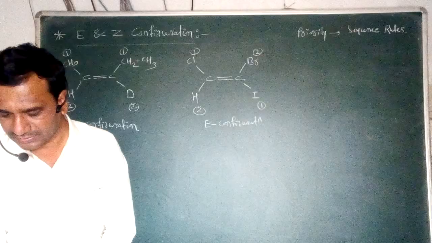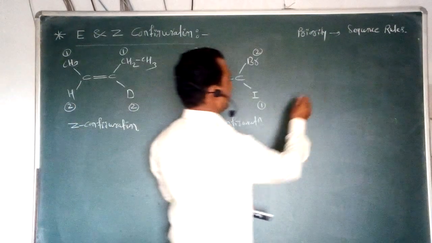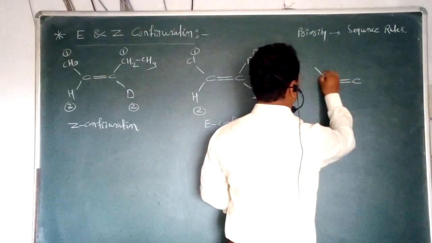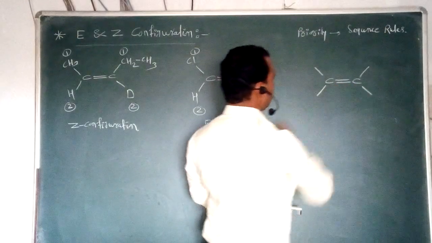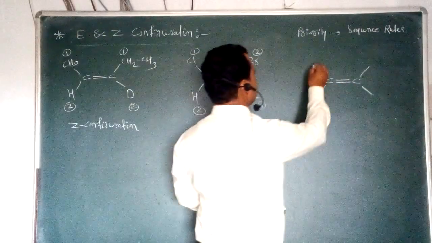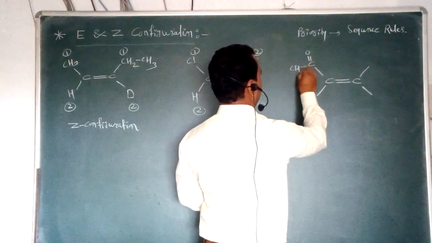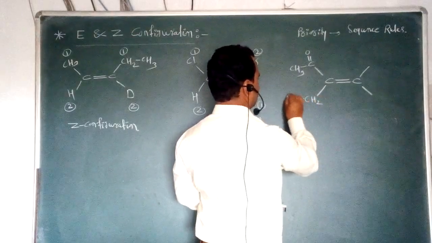Now if we look toward the next simple example, suppose the first group attached to the first olefinic carbon is C double bond O CH3, and the second group is a CH2OH.